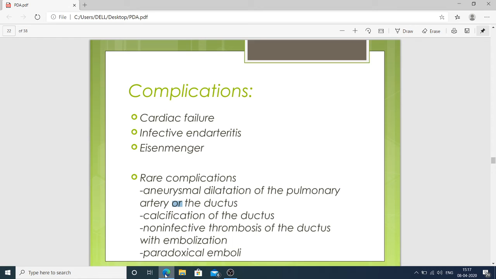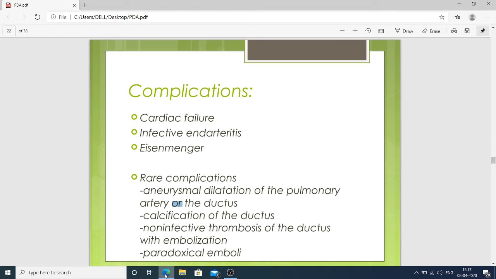And a rare complication in which aneurysmal dilation, actually blood-filled dilation of blood vessels caused by disease or weakening of the vessel.